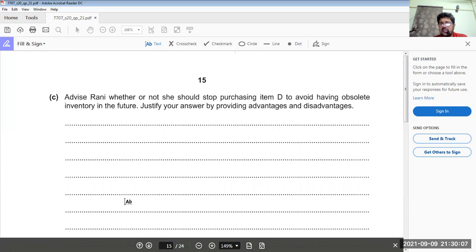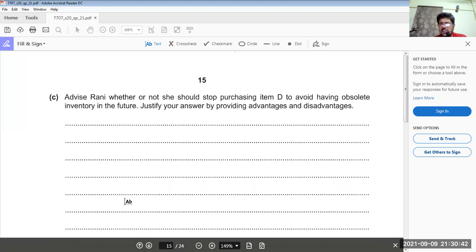Now, if she knows item D is a slow item and gets obsolete, expired, out of date in the stock, so she should not keep them because she will suffer loss every time if she fails to sell item D on time and it becomes obsolete in her storage.